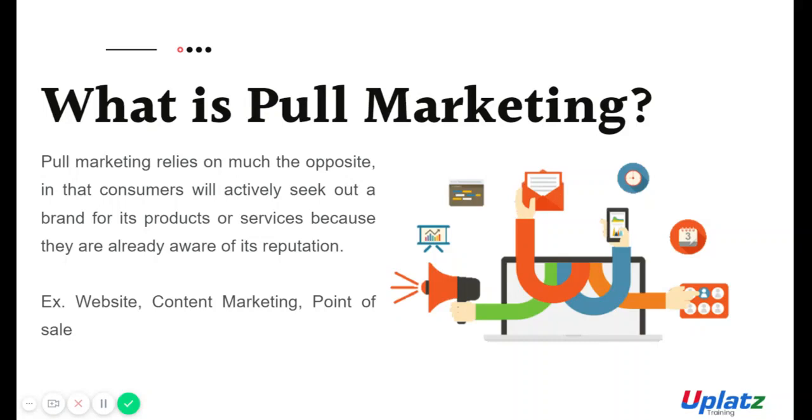Now, the second way to make it happen, since the evolution of digital channels. I am seeking some information about, let's say, laptops. I type in best laptops under this particular price point on Google, and I see a bunch of websites.